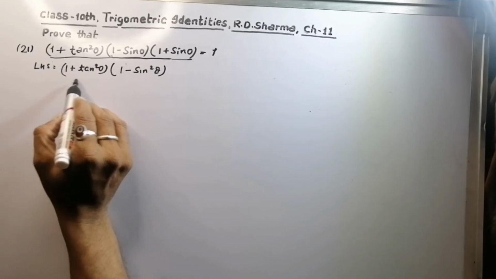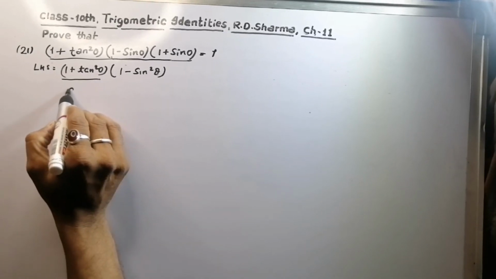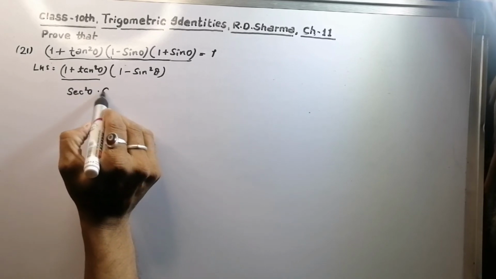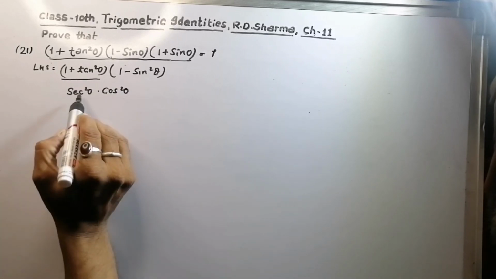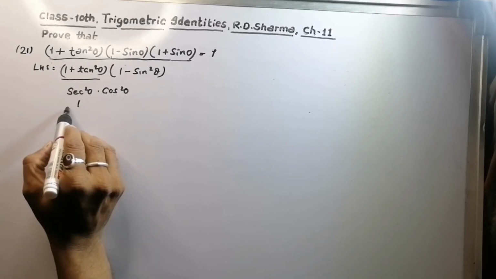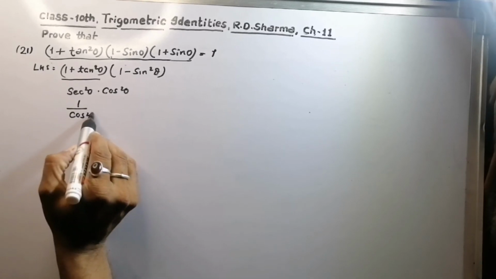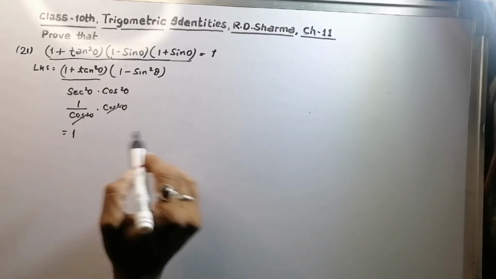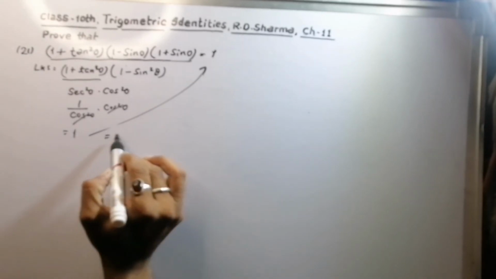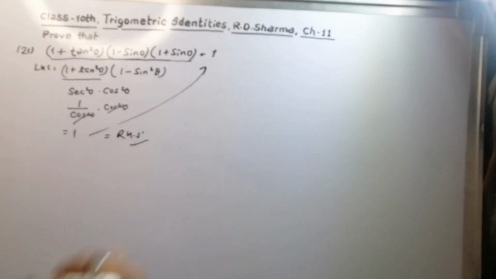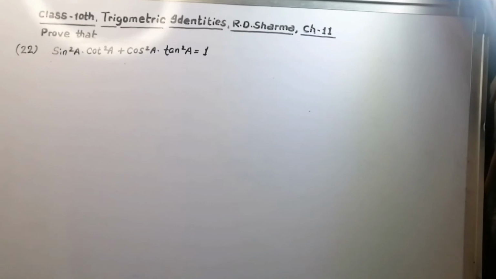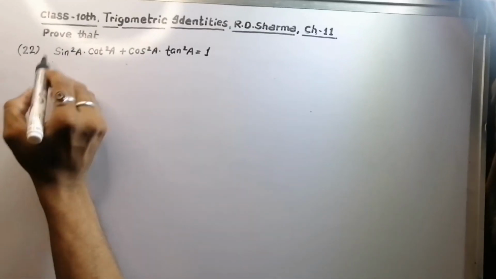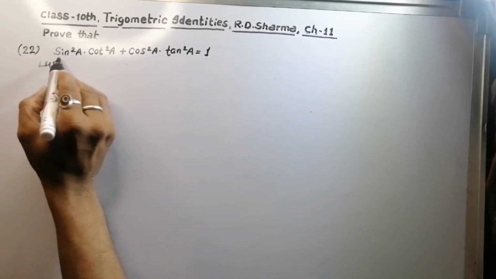In place of sec square theta we can write 1 plus tan square theta, and minus 1 minus sin square theta. 1 plus tan square theta minus 1 plus sin square theta. 1 minus 1 cancels, we get here tan square theta plus sin square theta, which is equal to the right hand side.